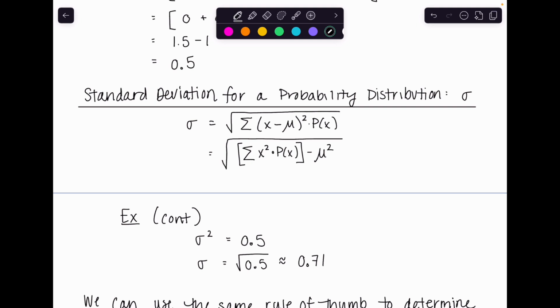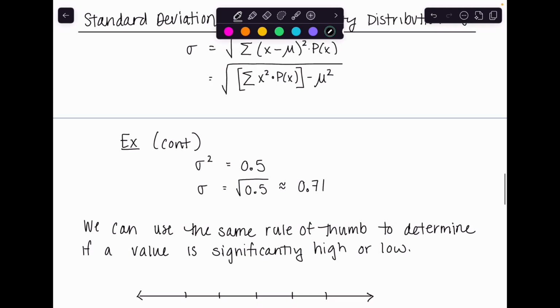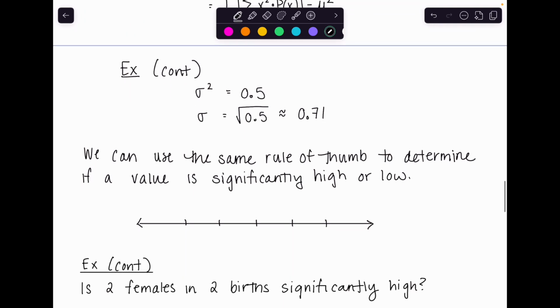All right, so once we have this, we remember hopefully when we were talking about whether something was significant or not, we were talking about within 2 standard deviations of the mean. So the same kind of rule of thumb is going to be used to determine if a value is significantly low or significantly high.